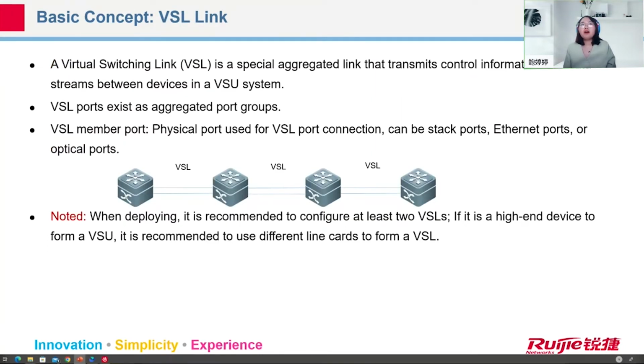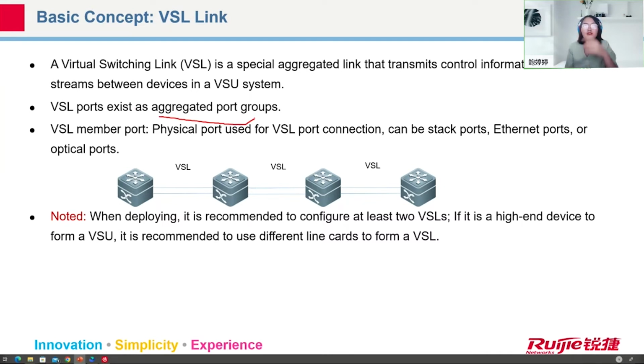And a very important concept is the VSL link, virtual switching link. This is a special aggregated link, and on this link we will transfer the control information and the data stream between devices within the same VSU system. And the ports should be in an aggregated port group.